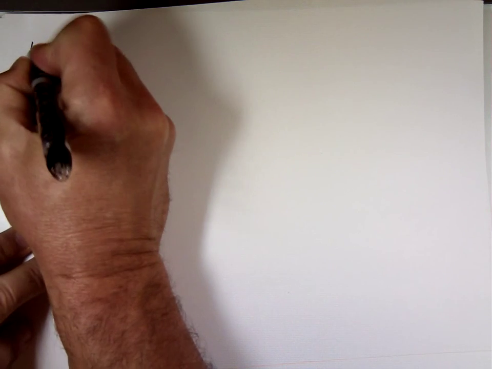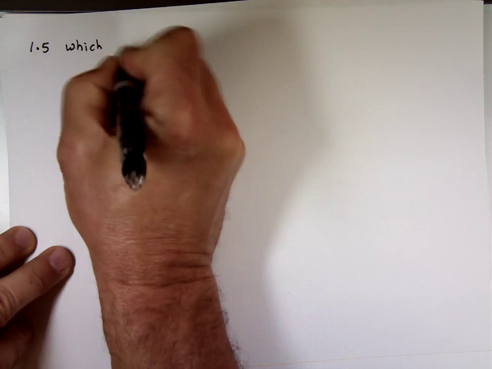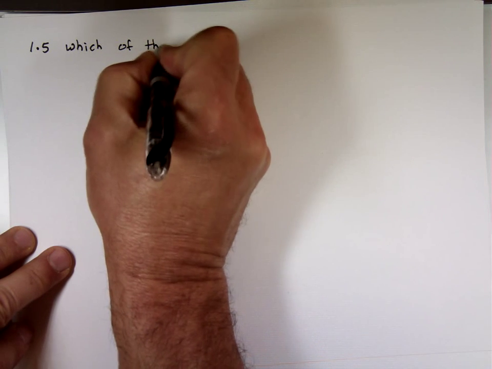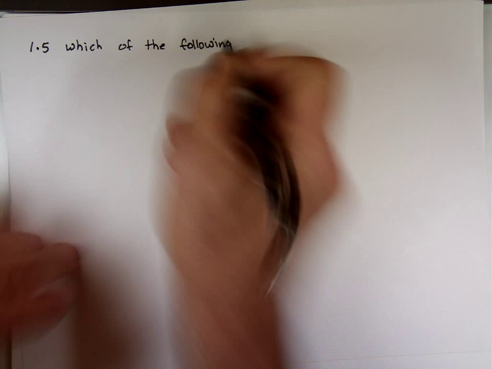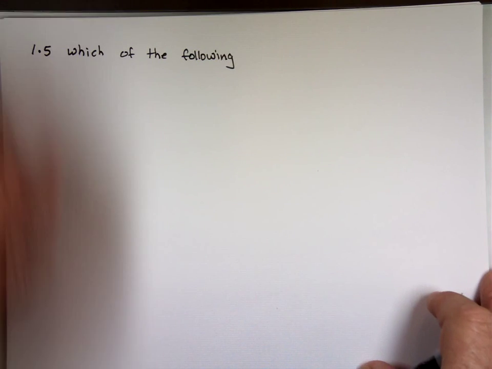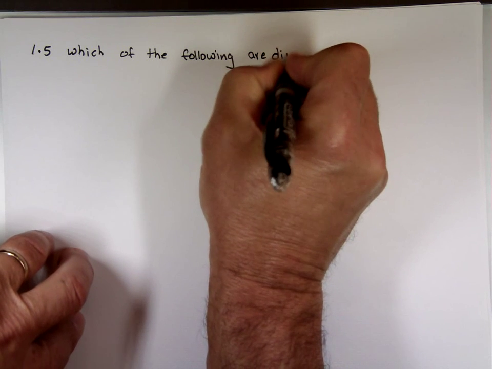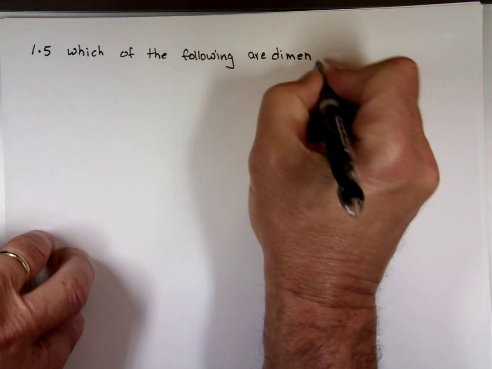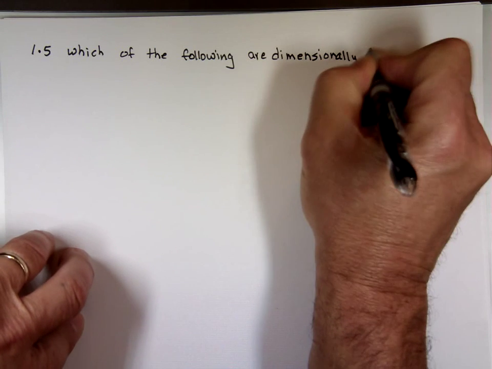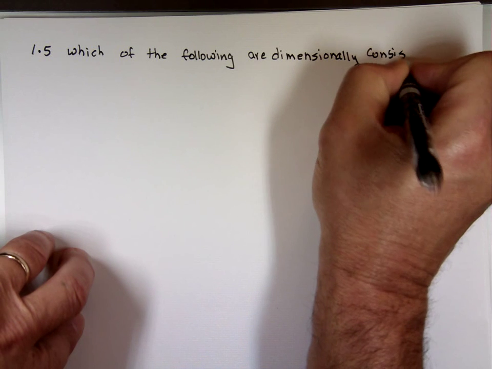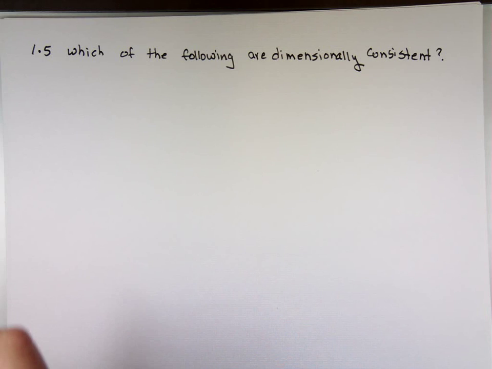So 1.5 reads, which of the following are dimensionally consistent? And I'll go through them one by one.